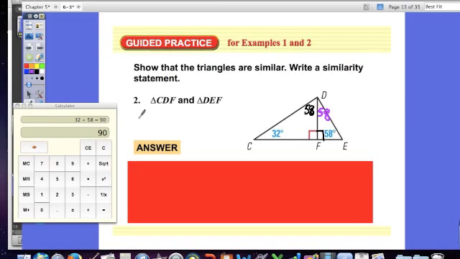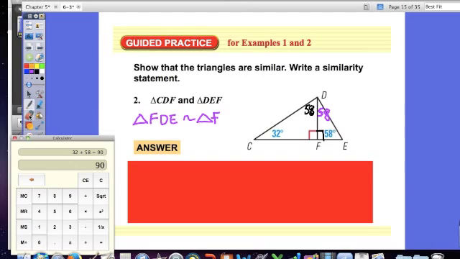So our similarity here, triangle F, D, E, is going to be similar to angle F is similar to angle F. Okay, and I miswrote that, now I see in the purple there. Sorry about that, that's 32.